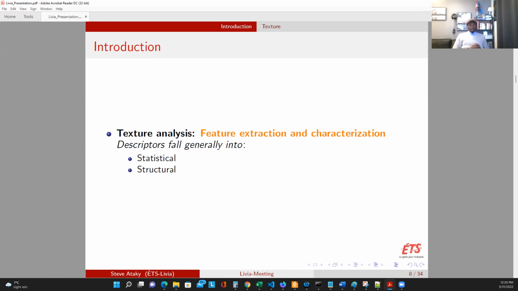Various attempts have been made in the literature over the years, with the majority of them focusing on extracting the first order and the second order statistics.